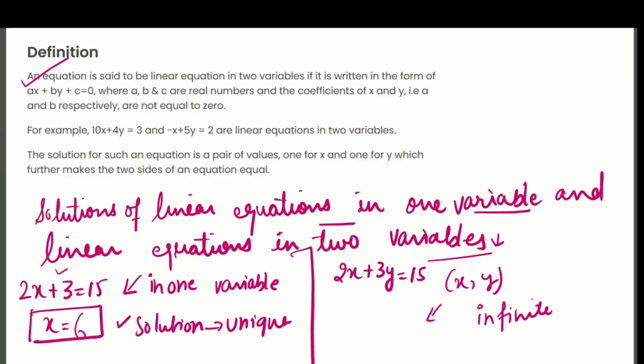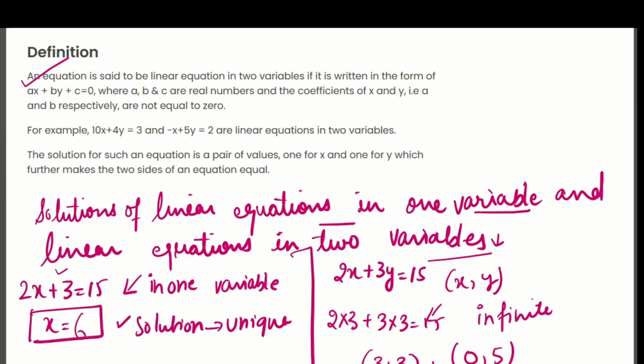For example, 2x plus 3y is equal to 15. We can put x value 3, so 3 multiplied by 3 is 9, and 6 plus 9 is equal to 15. So 3 and 3 can be the values. Or you can say x value 0 and y value 5 can be the solution of this equation. So there would be different types of solutions. So there would be infinite solutions.